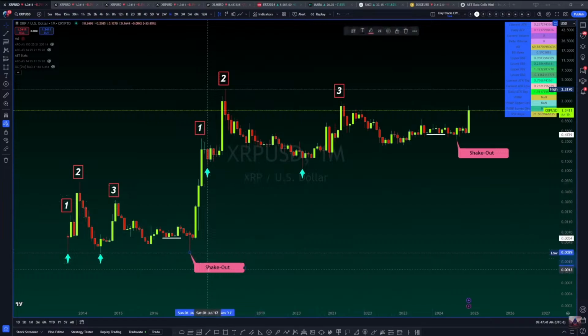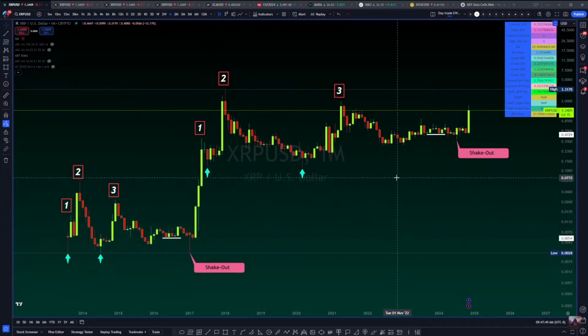The shakeout period comes in, which is essentially your bear trap, your liquidity grab. It reaches one of the most critical demands before taking off. So what happens here is that we have a shakeout period, small consolidation, reaccumulation, and takeoff.